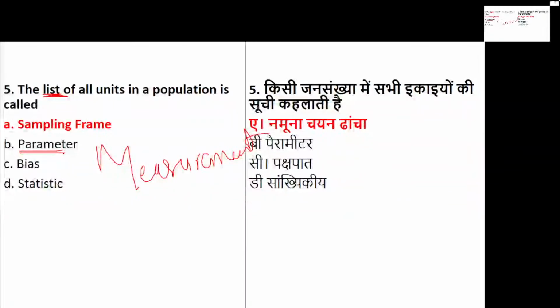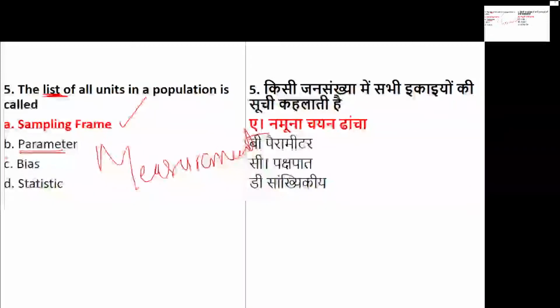But here they are asking about the list. All the units in the population will be called the sampling frame. We use the word parameter when they are asking about the measurement of the population. So the measurement is called a parameter. I told you this question is very simple, but it becomes very complicated.